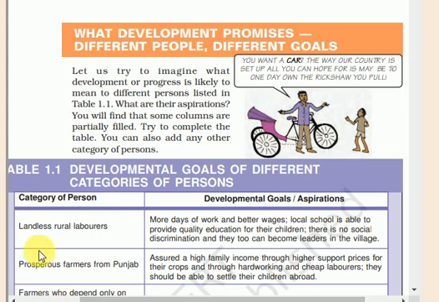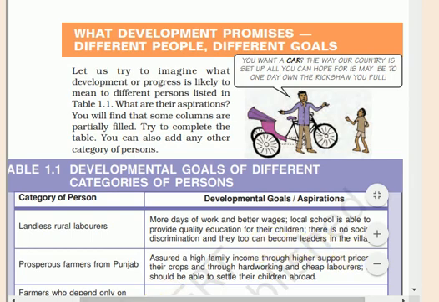For example, a landless rural laborer, a person who needs labor. What kind of development goals does he have? More days of work and better wages. Local schools able to provide quality education for their children. No social discrimination, and they too can become leaders in the village.